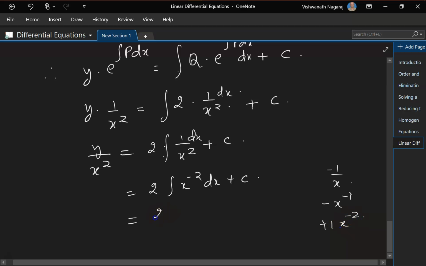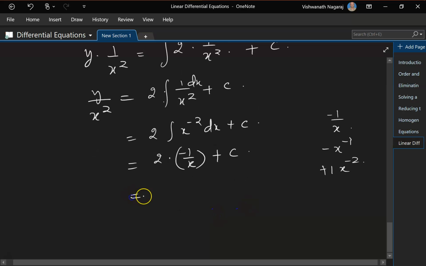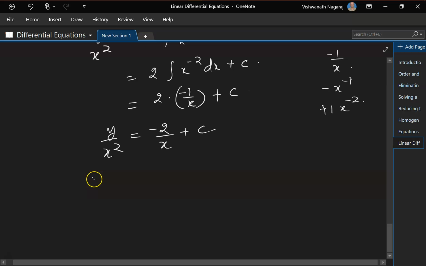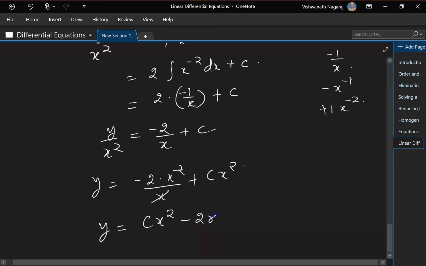So this is 2 times minus 1 by x plus c. Okay, so y by x square is equal to minus 2 by x plus c. y is equal to minus 2 times x square by x plus c x square. So the solution is, let's put the positive one first, cx square minus 2x.